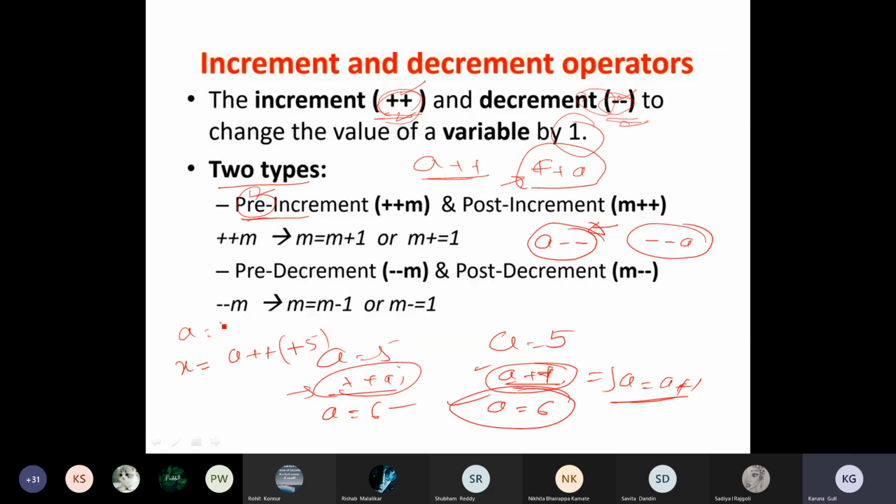Let me take a is equal to something like 4. Is this okay to everybody? Let me take a blank sheet and try to explain that.